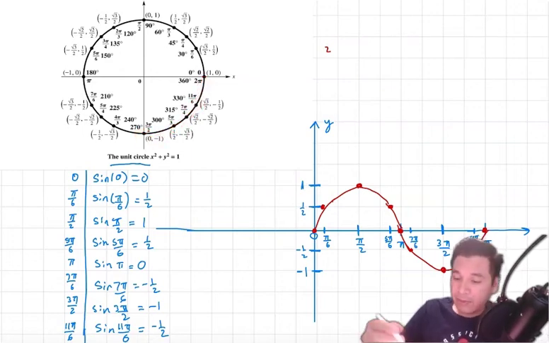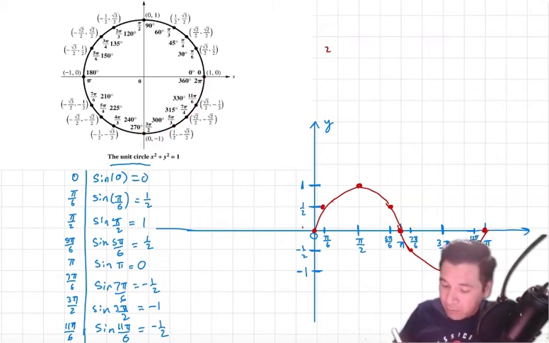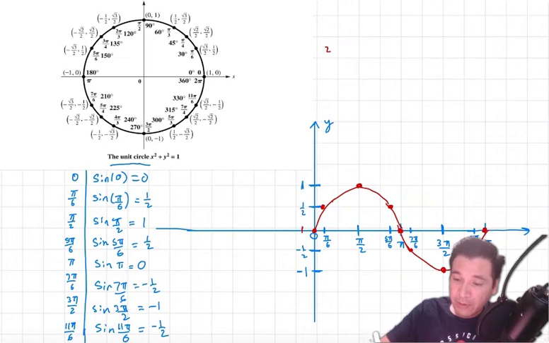So if I were to label some of those values, I would have negative pi over 6. This would be negative pi over 2, and this would be a negative 3 pi over 2.